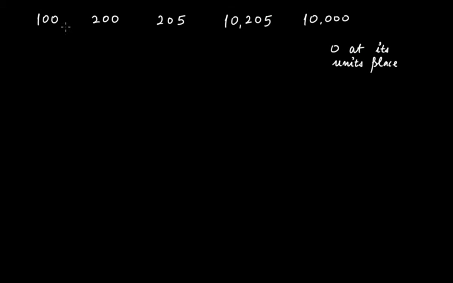So of these five numbers, the number 100, the number 200, and the number 10,000, these are the three numbers which have 0 at their units place. The number 205 has 5 at its units place, and the number 10,205 has 5 at its units place.